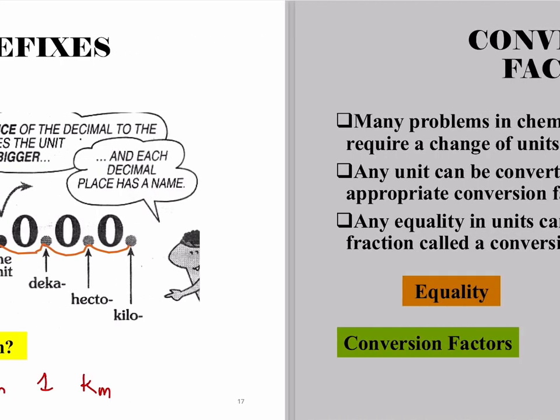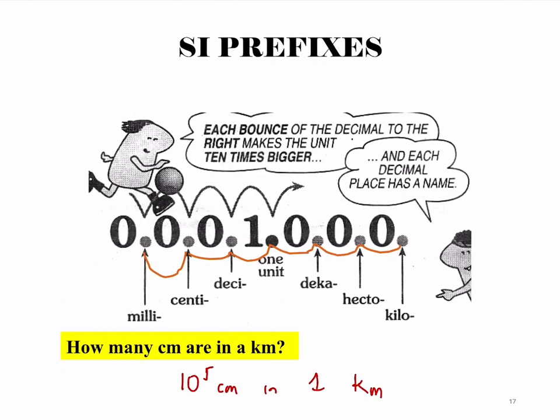And that leads into how we can use these conversion factors and do unit conversions to go from 1 unit or 1 prefix of a unit to another unit. When we change the prefix, the effective unit has changed as well. A kilometer represents a different distance than a decimeter or decameter.